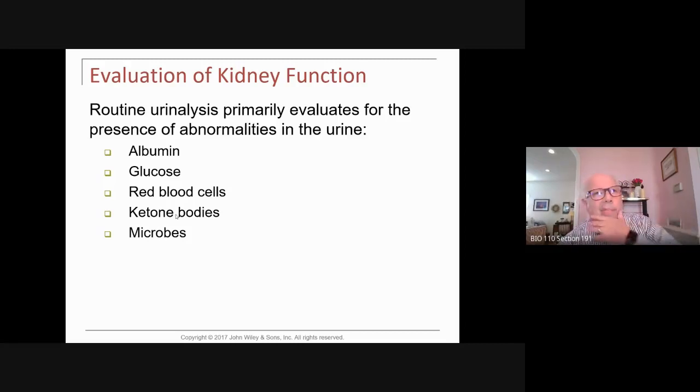You come into my emergency department, you're not feeling well, and I do a urine on you, and your urine shows ketone bodies. What am I going to ask you? Why do you have ketone bodies in your urine? I'm not going to ask you that. You don't even know what ketone bodies are. If you're a patient, not you, Spencer.